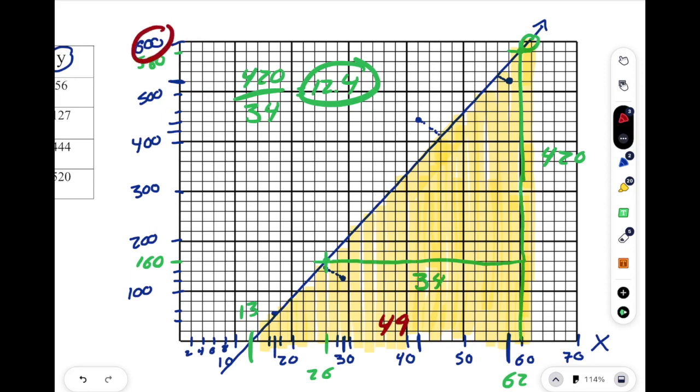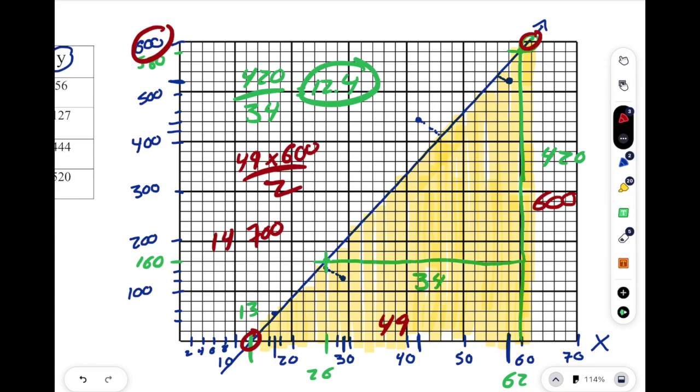And then going all the way up to the top of 600 for our height there. So base 49 times our height of 600, divide by 2 because it's a triangle. And I'm getting a number of 14,700.